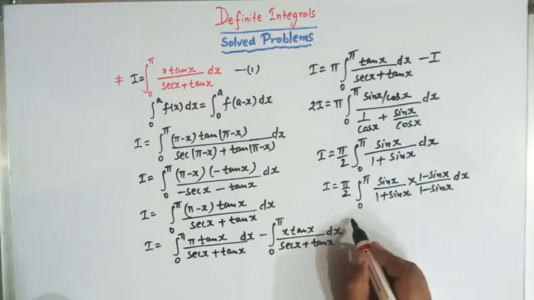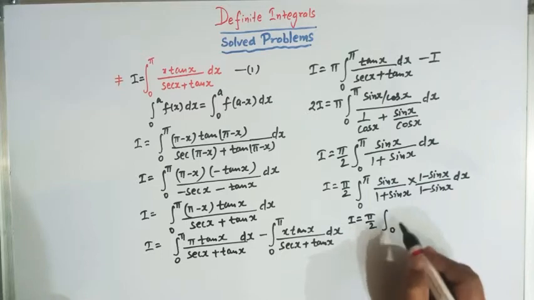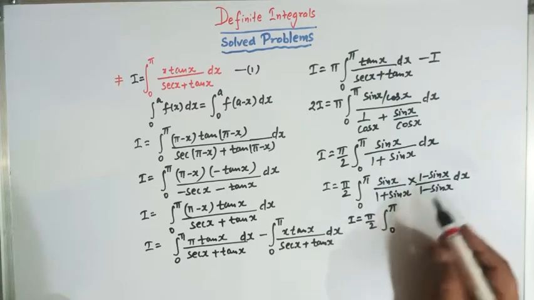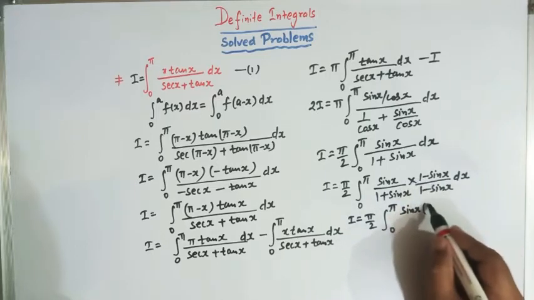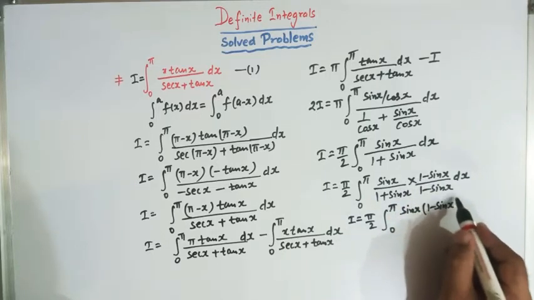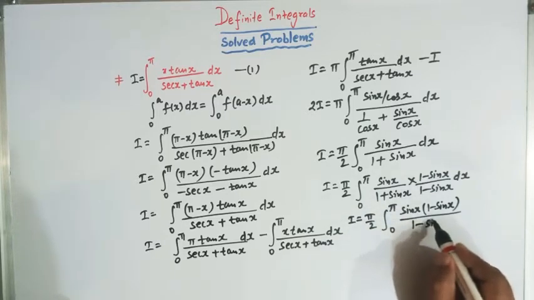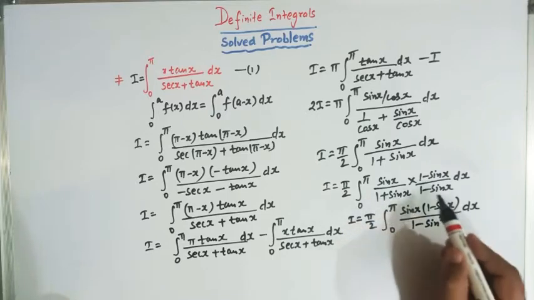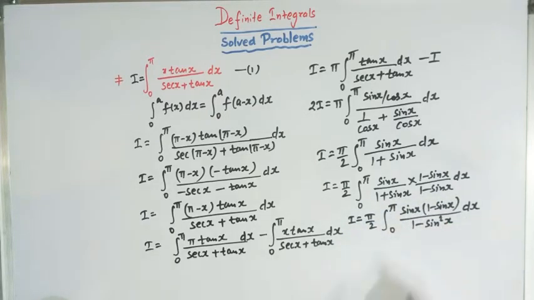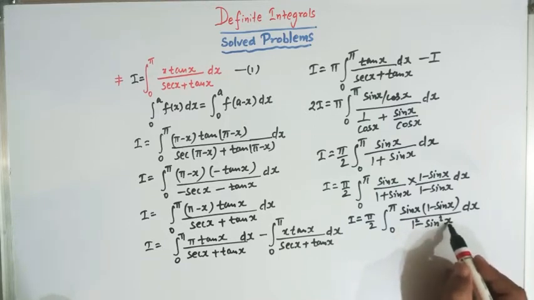Now I becomes pi by 2 times the integral from 0 to pi of sin x times 1 minus sin x over 1 minus sin square x, because 1 plus sin x multiplied by 1 minus sin x is 1 square minus sin square x.